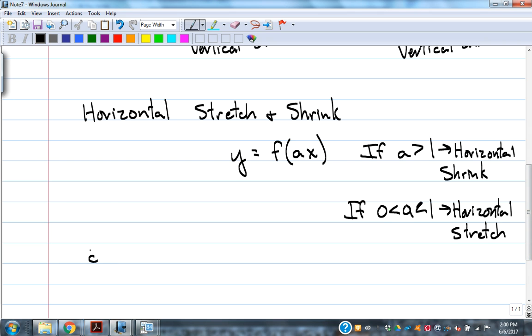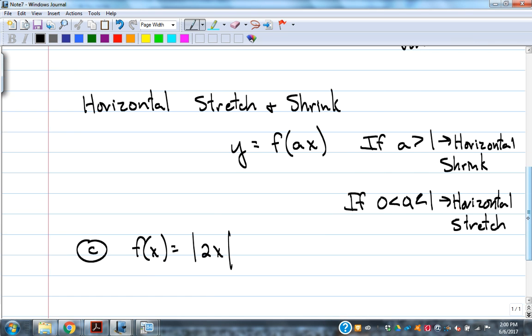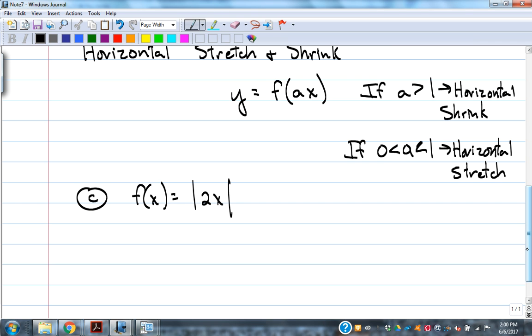So examples of that, f of x, if we put the 2 on the inside of the absolute value, looks a lot like example A, but the 2's not on the outside, it's on the inside. This is going to tell us it's a horizontal shrink, or compression would be another way of thinking about it.